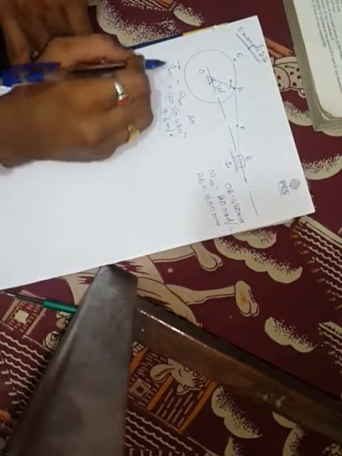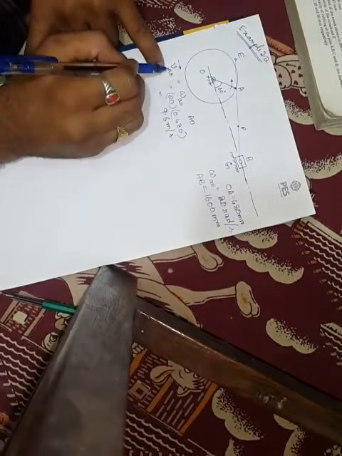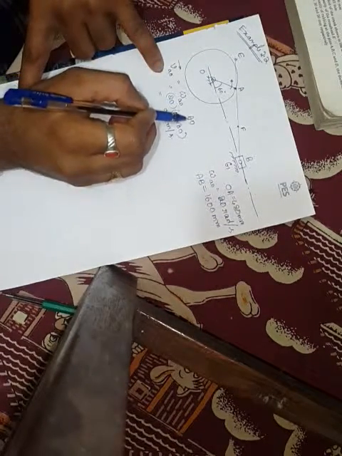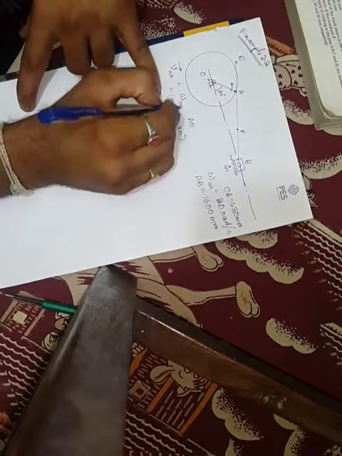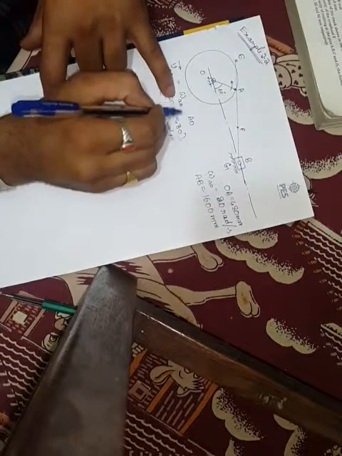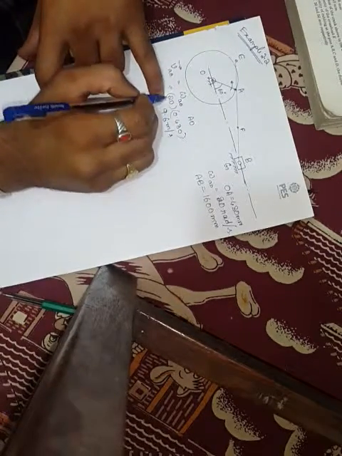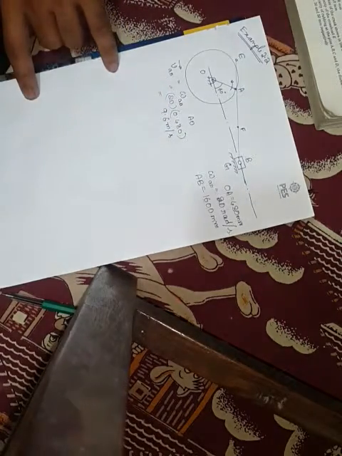Once angular velocity is provided, we find the linear velocity using the angular velocity times the radius of rotation. In this case, the velocity of A with respect to O will be omega AO times AO, that is 20 times 0.480, which is 9.6 meters per second.